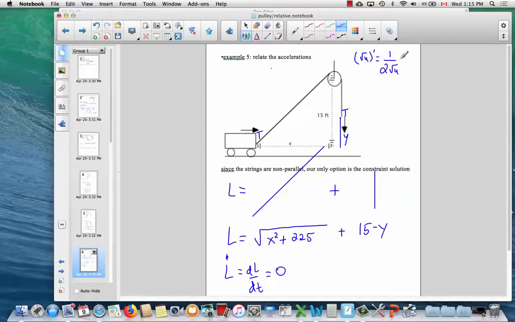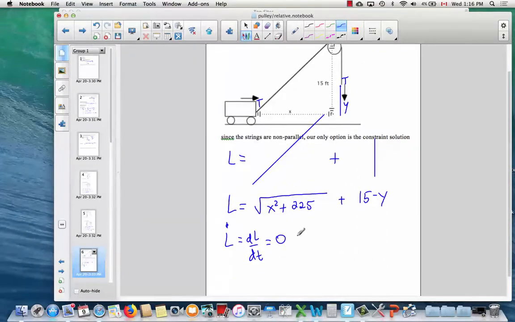But then you have to multiply by the derivative of the inside. Now we're actually doing time derivatives here, but it works the same way. The time derivative of this is going to be 1 over 2 times the square root, and the stuff inside the square root isn't changing, so I'm just going to leave it like that.